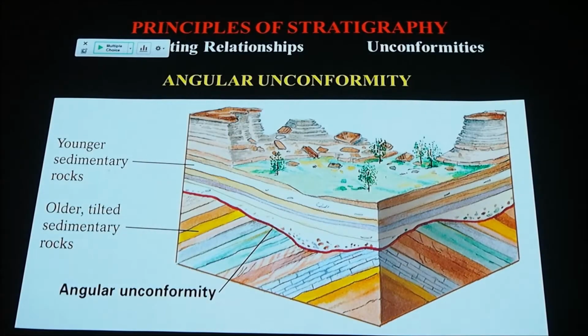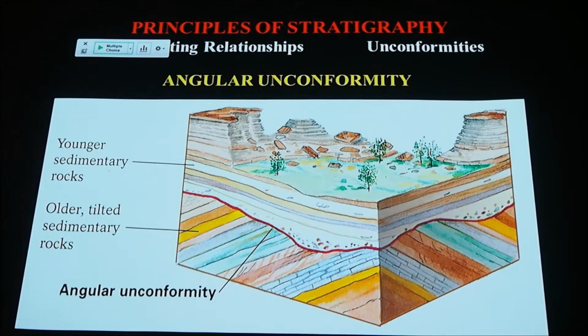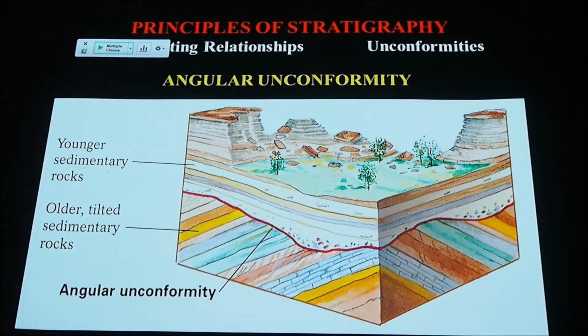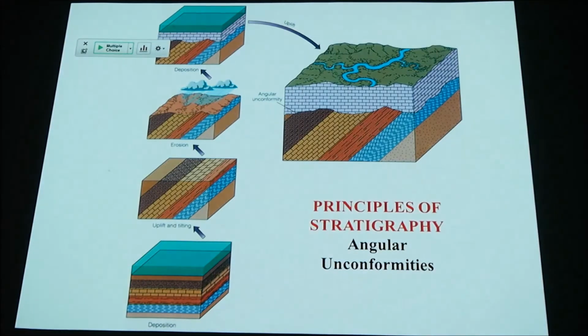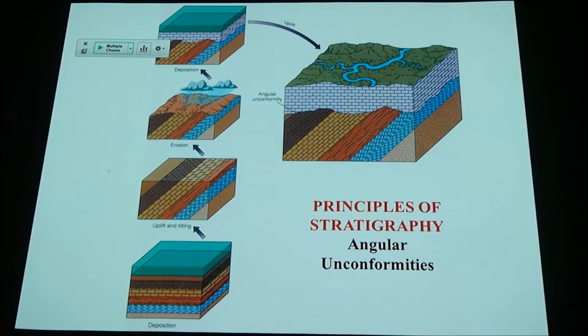Okay, so here's an angular unconformity. You can see the time gap here at the erosional surface. Notice the inclusions. And we've got flat lying rock on top of it. And I think you can pretty easily pick out that unconformity. So I would look at this type of scenario and how that might have formed. I would go, okay, we've got some deposition going on, laying down some rocks.